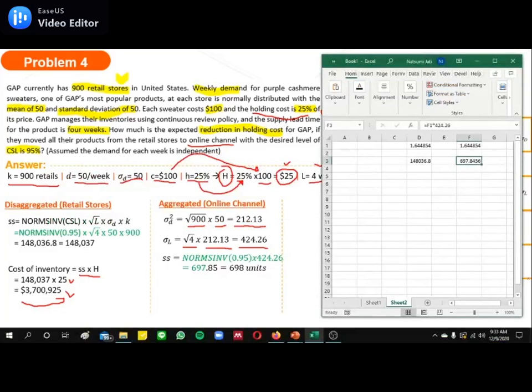Okay, I'm sorry, I think I made a typo earlier. It is times 424.26, not 424.6.